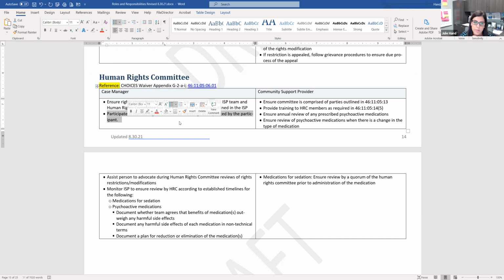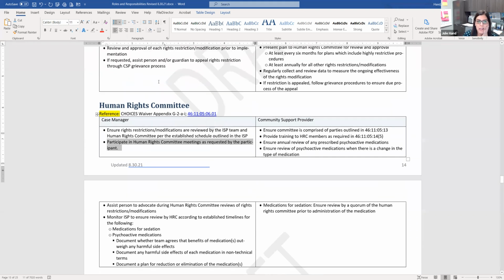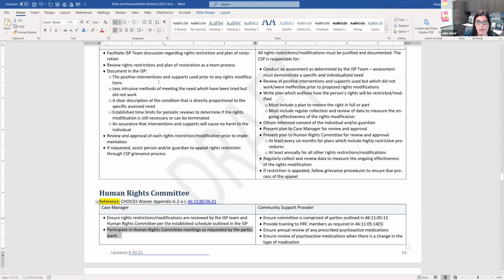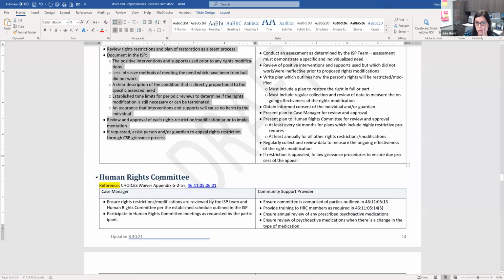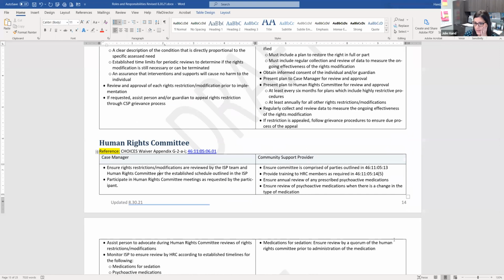I think the question becomes how do we make the link between the things that are expected up here and the actual approval by the committee, right? So that's kind of what's going on in my mind. If there's a review and approval under this, there's also a review and approval with the Human Rights Committee.